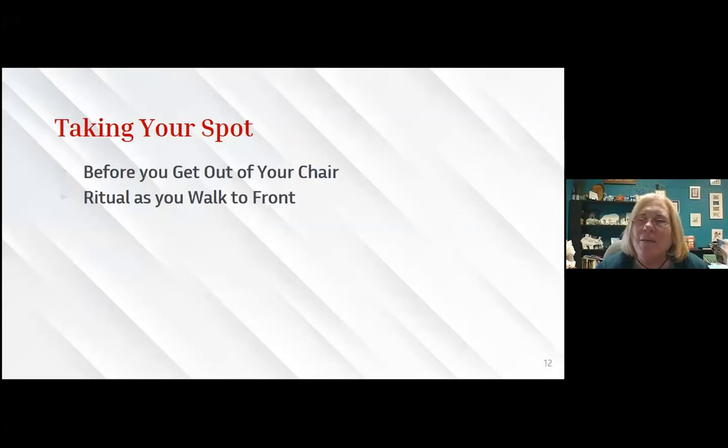It might be as simple as imagining that you're walking through a tunnel and you don't see anything other than, at the end of the tunnel, your performance and how it's going to go brilliantly. You're thinking about the tunnel and walking through that tunnel, so that you're not thinking about how nervous you are or other things.